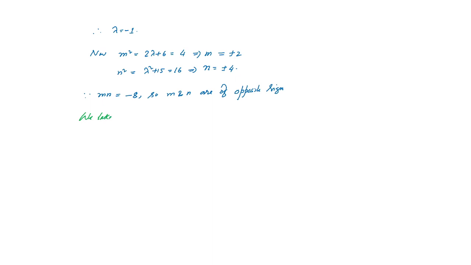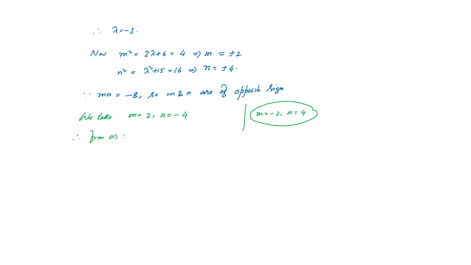This is our choice. We take m equals 2, and in that case n will be -4. You can choose m equals -2, and in that case your n will be 4. So this is your choice. Now we have taken m equals 2, n equals -4.